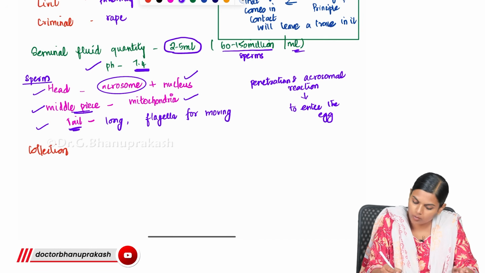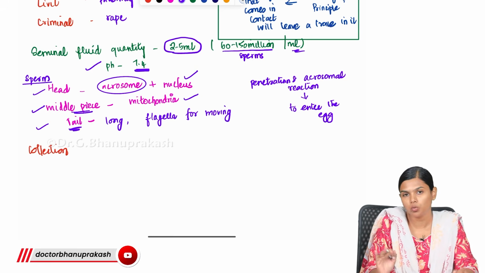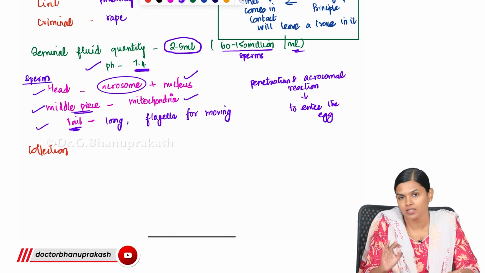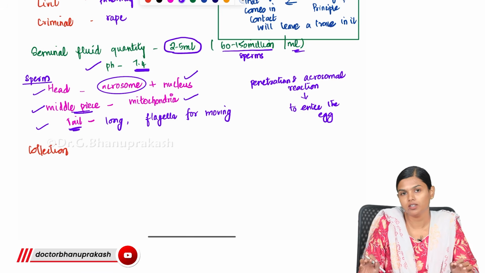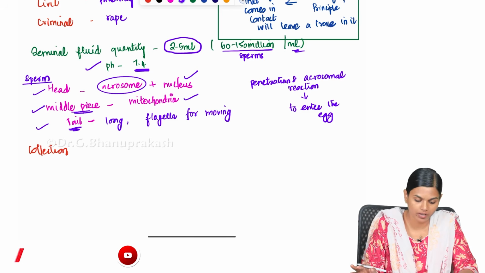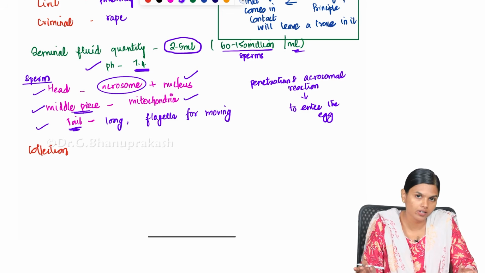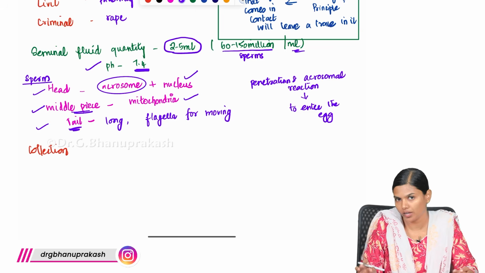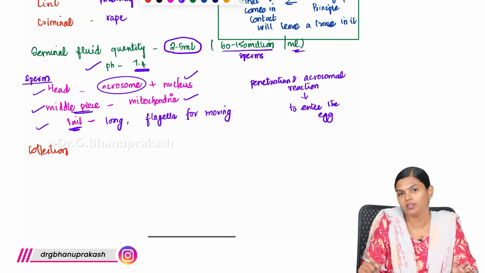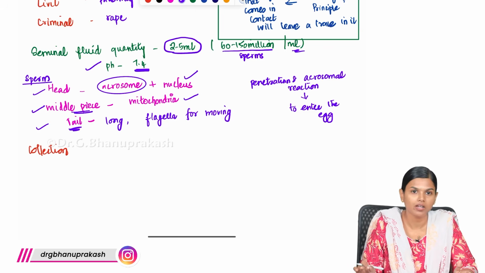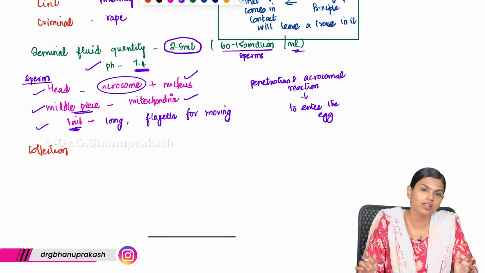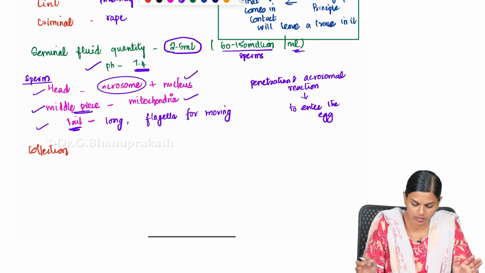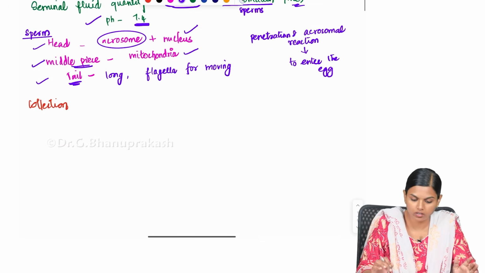So you will have a motile sperm, it will keep on moving, and if it is a recently ejaculated sperm, you can see the well motile sperm under microscopy. So the sperm has a head containing the nucleus and acrosome, where the acrosome is responsible for penetration into the egg; then the middle part containing the mitochondria for energy; and last the tail, the flagella used for motility. So these are the parts of the sperm.